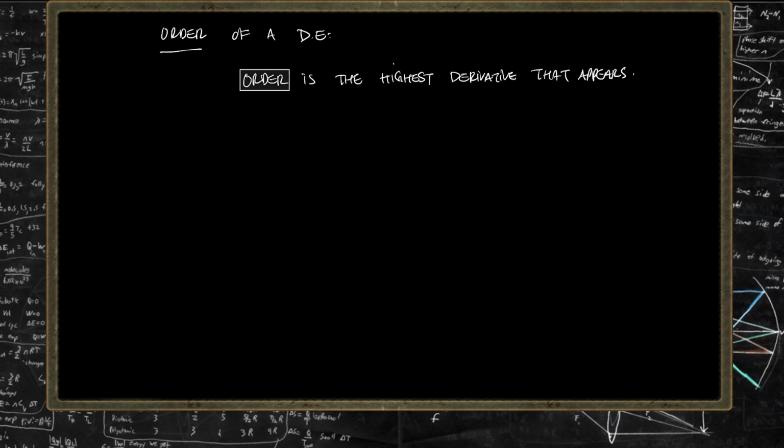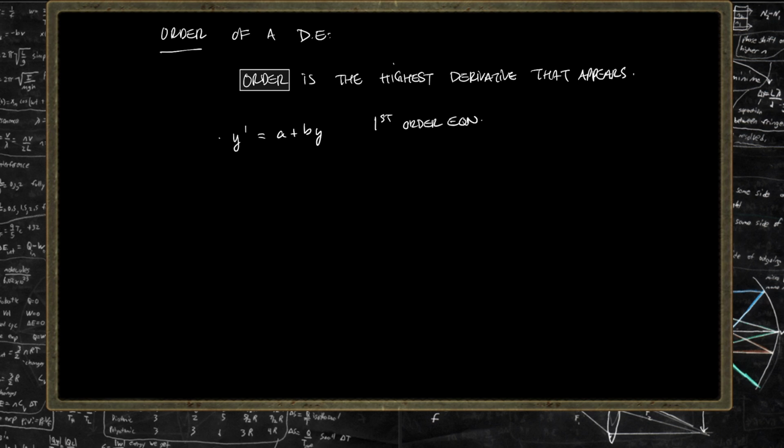The order of a differential equation. Order is, in this context, the highest derivative that appears. Okay, so it tells us how dialed into the rates of change we are getting here. So, in other words, for this guy, this is a first order equation.